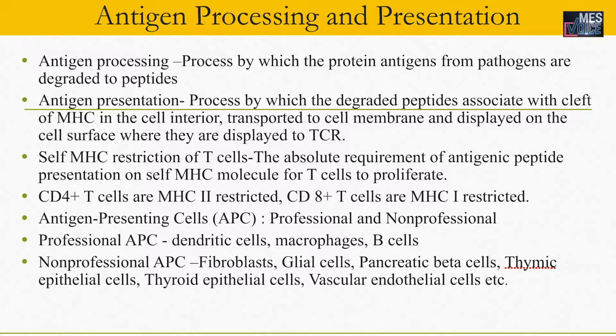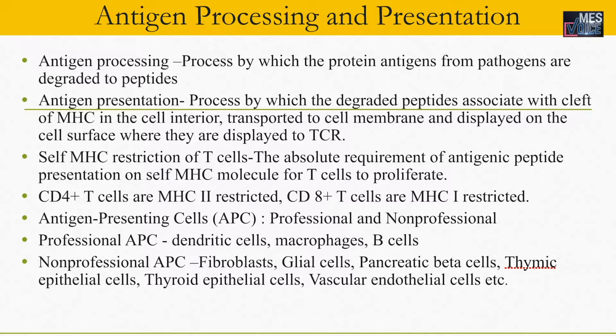They are then transported to the cell membrane, and on the cell membrane they are displayed to TCR. For your kind information, these MHC molecules are molecules which are associated with self non-self recognition of a body, and these TCR are T cell receptors for antigen recognition.